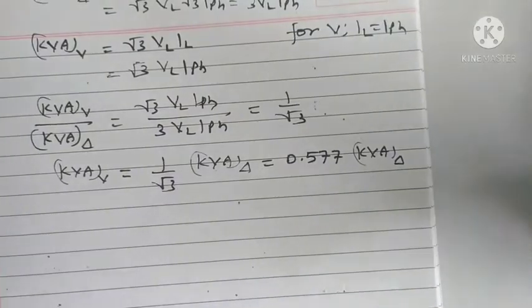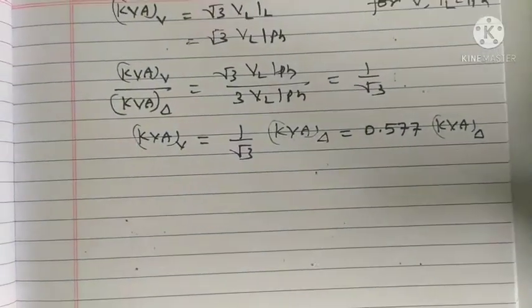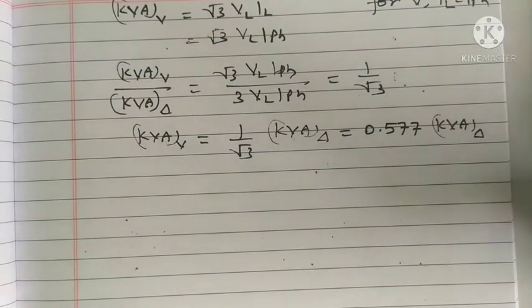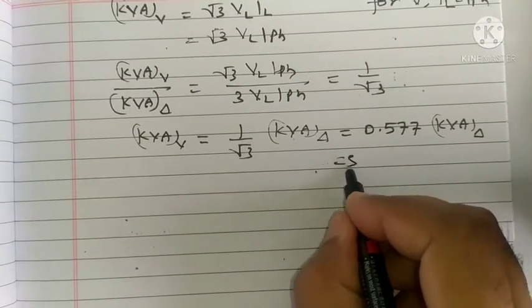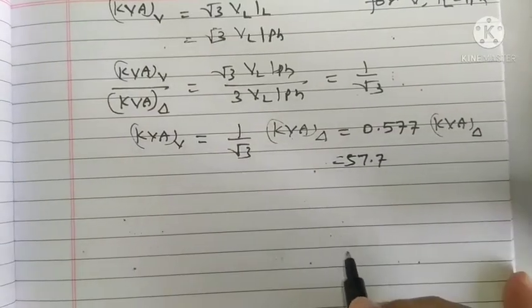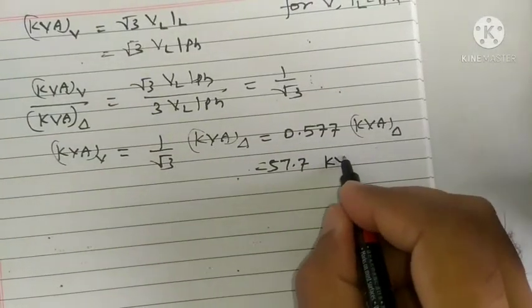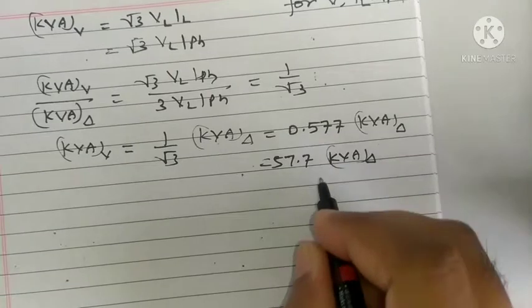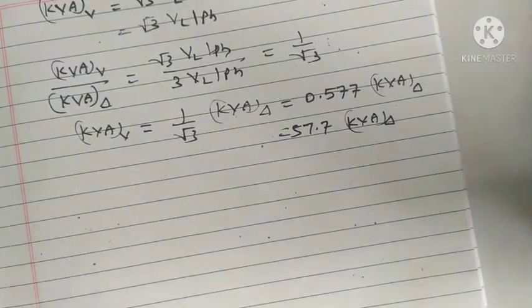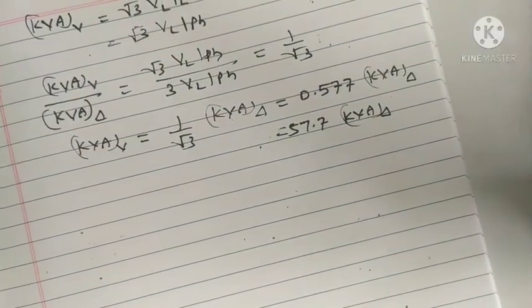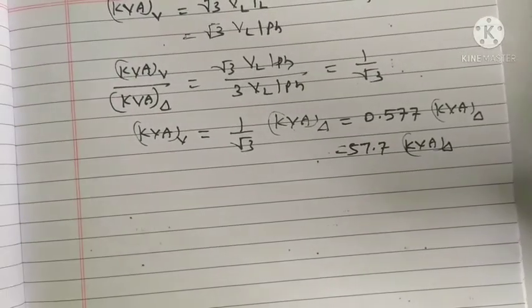So it was expected that if one transformer is faulty, then the remaining two transformers will handle 66% of the load, but it is not 66%, it is 57% of the total load, right? The capacity will become 57.7%. So this is how the kVA loading is.